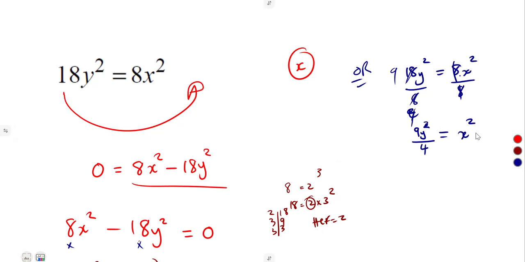X squared. This is not x. This is x squared. What about x? The square opposite. X squared is equal to 4. You introduced the square root. Same thing here. Introduce the square root.